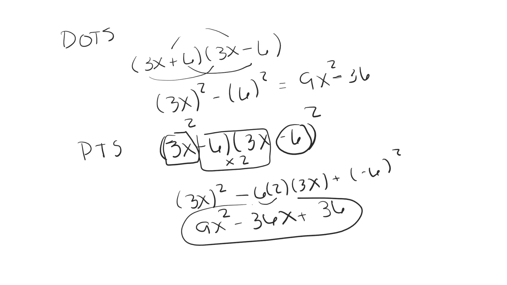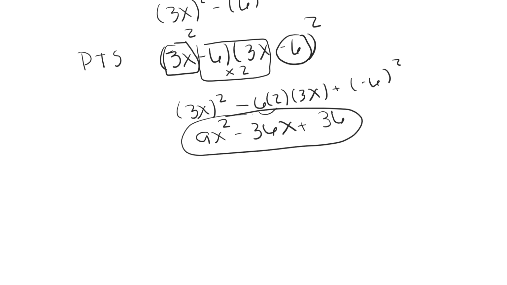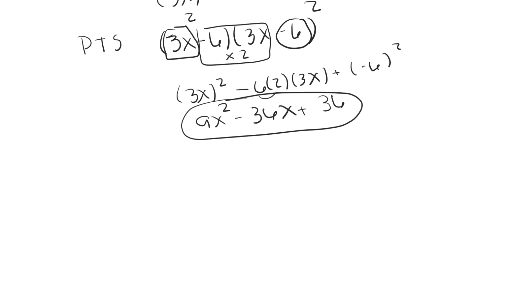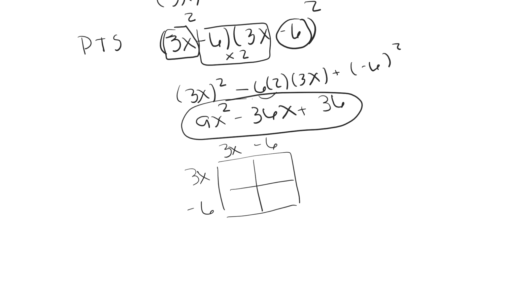Okay. So, just for those of you guys who like the box better, again, you're going to post after this. You're going to tell me which way you like better. Everybody remember that? Okay, so we have 9x squared minus 18x minus 18x plus 36.